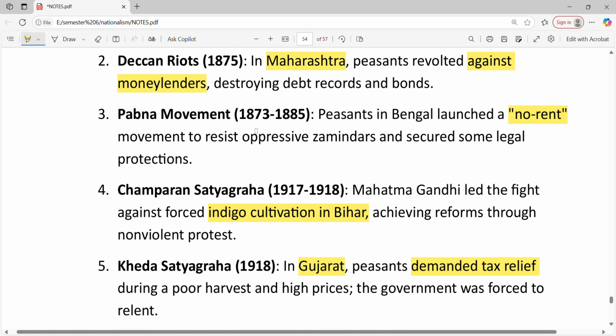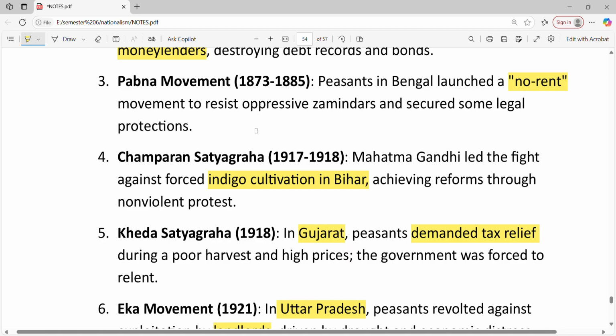Then we have the very important one, Champaran Satyagraha. Okay, it was led by Mahatma Gandhiji, assisted by J.B. Kripalani, Babu Braj Kishore Prasad, and Babu Rajendra Prasad. So here it was the Teen Kathia system. The Teen Kathia system forced the farmers in Bihar to cultivate a certain fixed portion of their land for indigo cultivation.